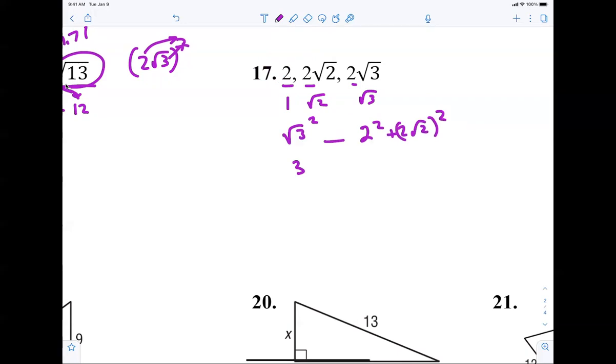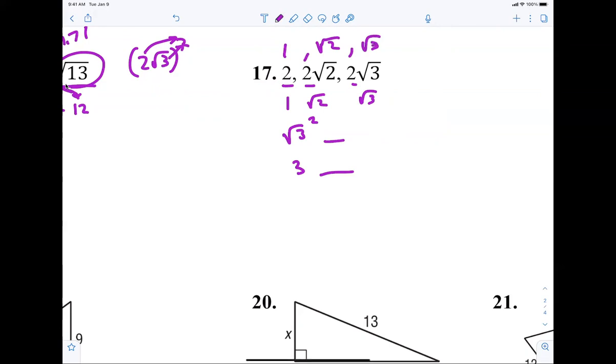So 3 compared to 4 plus 8. Oh, hold on. I'm sorry, guys. I made a mistake. I used the 2's here and I shouldn't have. So all the numbers I'm using are 1, square root of 2, and square root of 3.